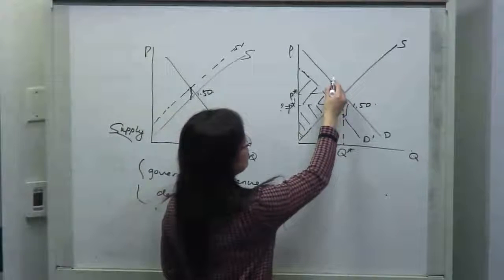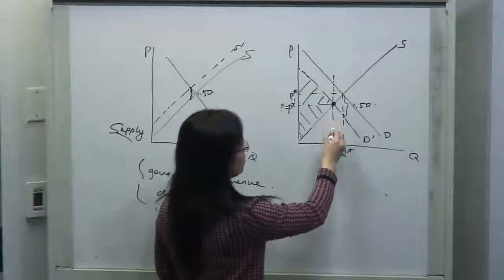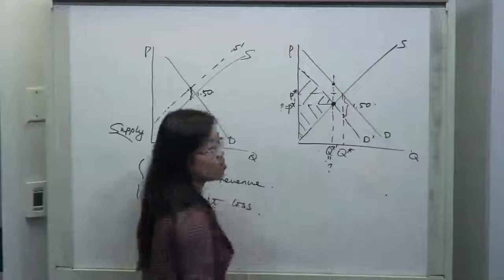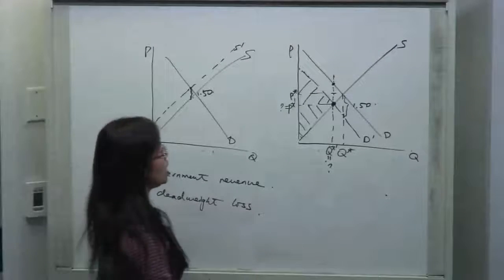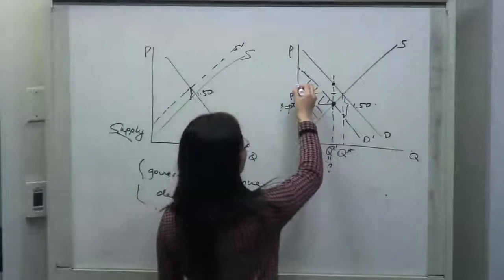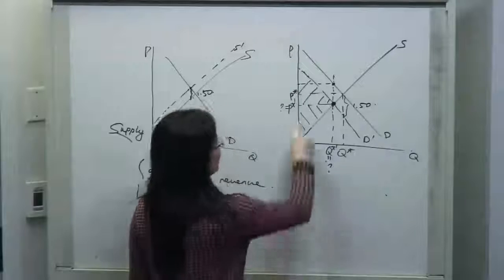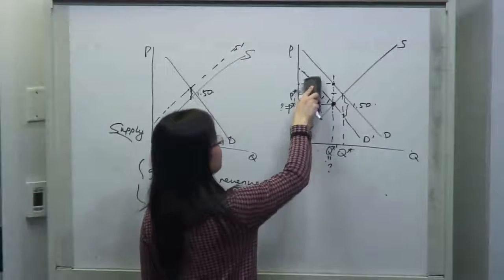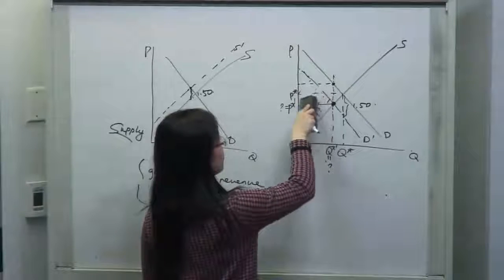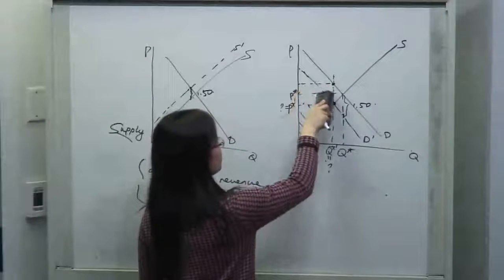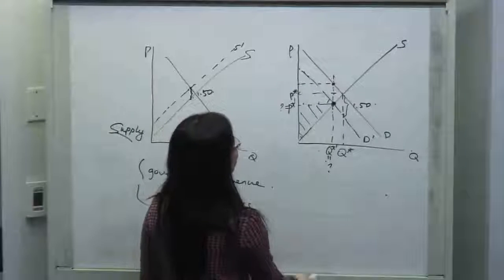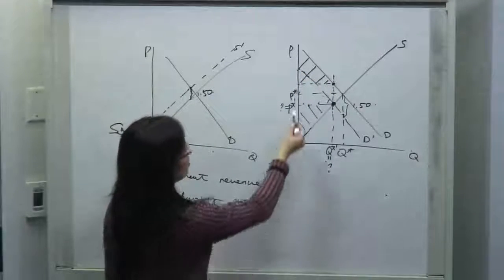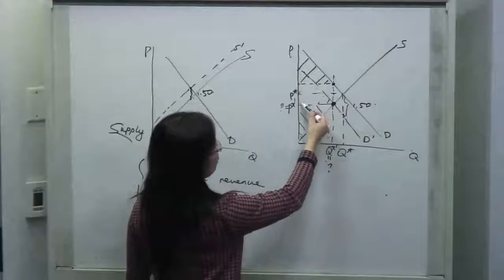So you're going to do the same thing. You draw a straight line from this new equilibrium quantity, and you'll find this point here, right? And then you draw another line here. And you're going to use this triangle instead of this one.